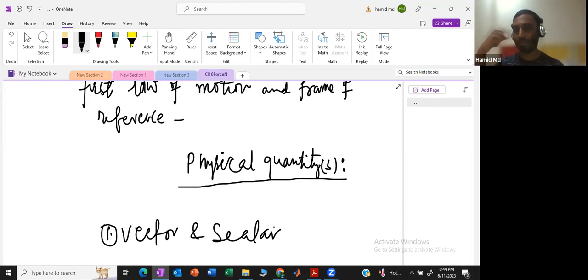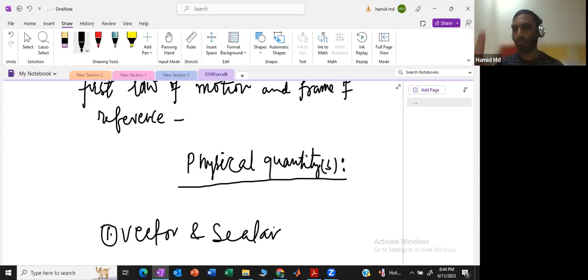Okay, so now tell me what is vector. Vector quantity has both magnitude and direction, whereas scalar quantity has only magnitude.